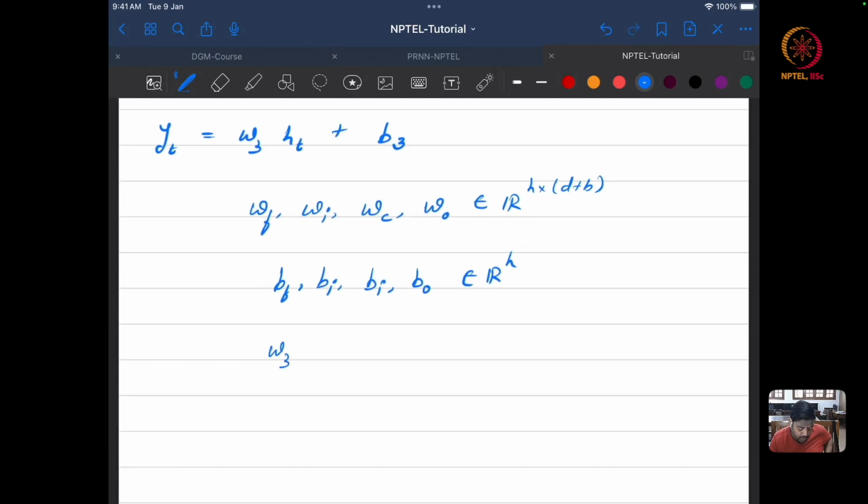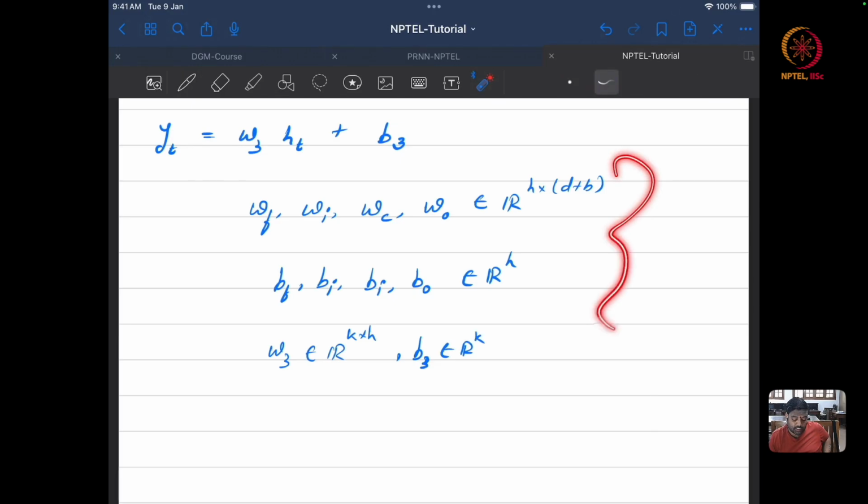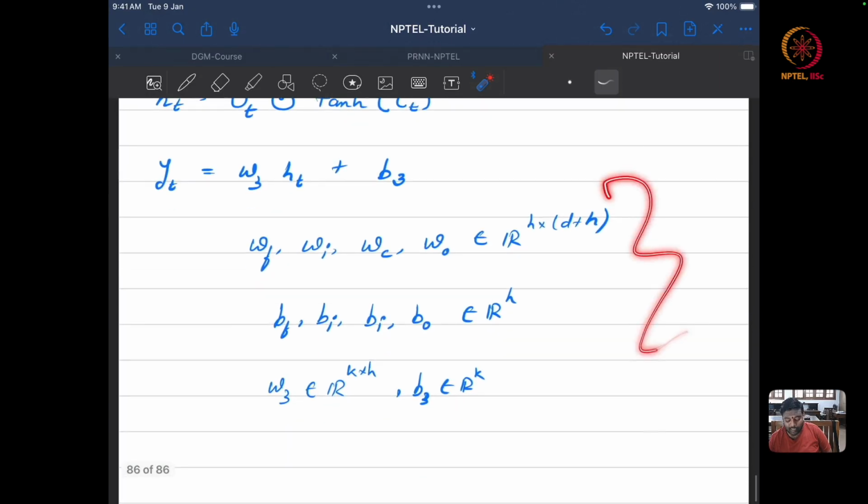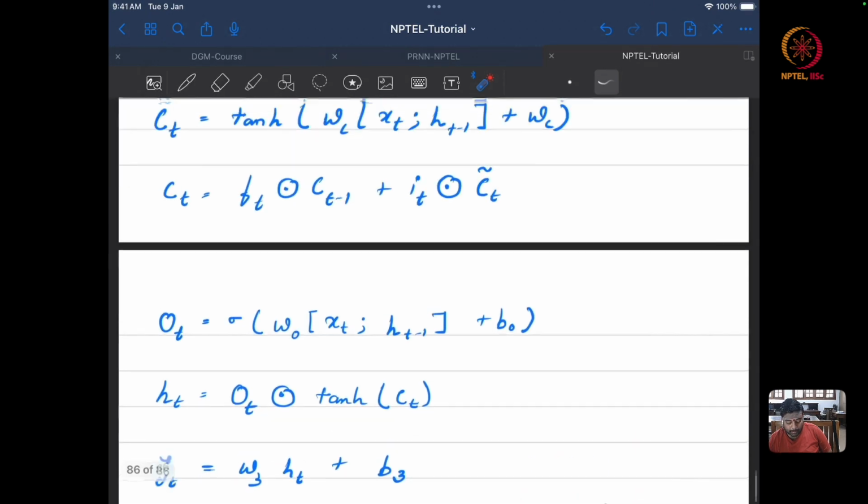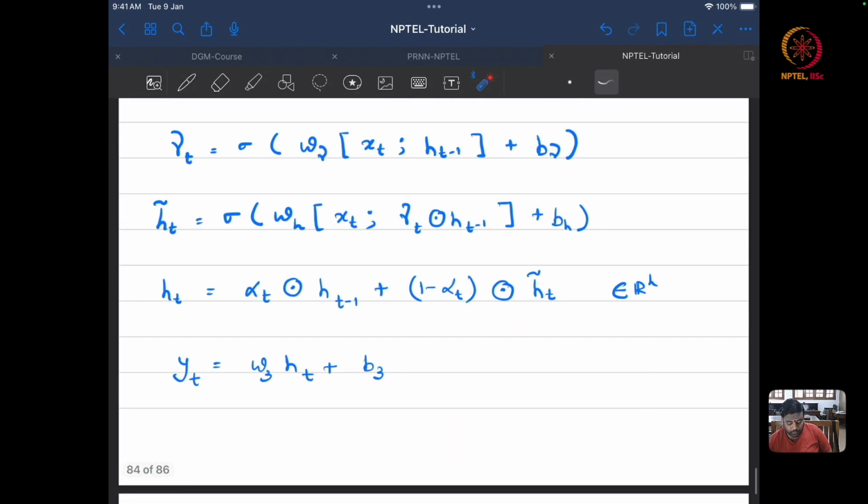And then this W3 belongs to R^(K cross H), and this B3 belongs to R^K. These are the weights, and you can put in some numbers, add these up for some simple case, and see how many weights there are. This is actually weight heavy. To avoid this, they came up with the GRUs.